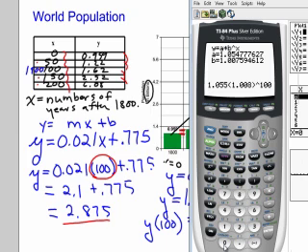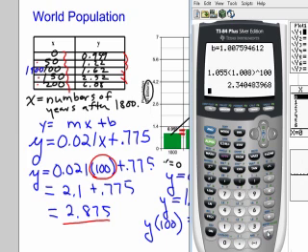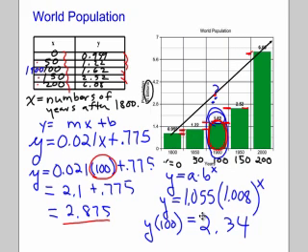So again, I'm not using the exact model here, I've rounded, but I'm going to get a prediction here of 2.34. Again, our model is not exact.